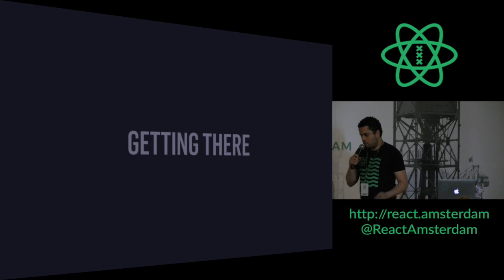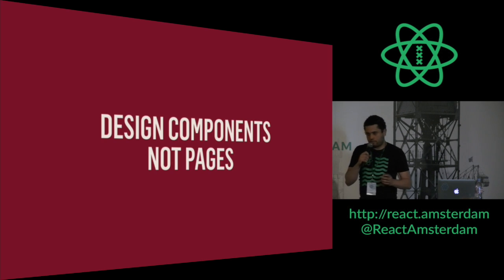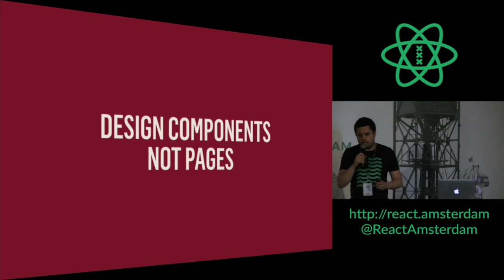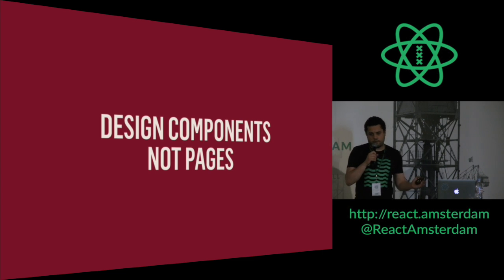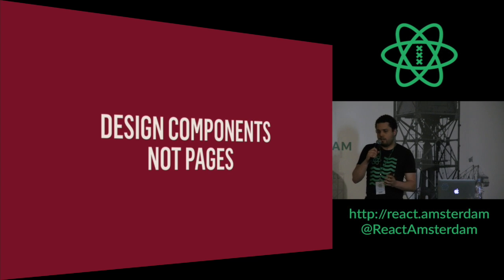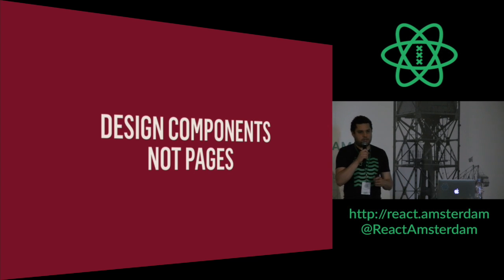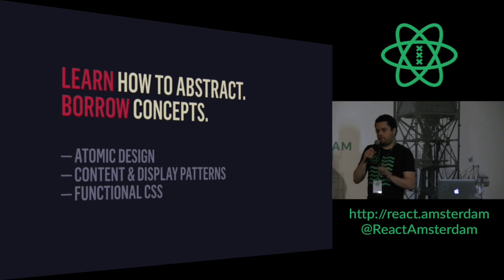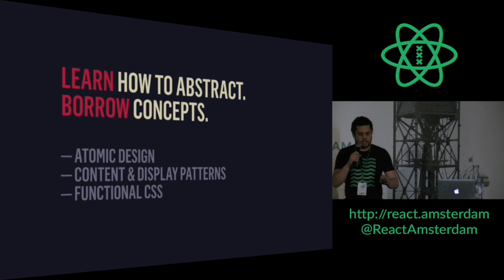And how do we get there? I think the most important principle, and kind of a shift in your mindset, is about designing components, not pages. What it means is we came from that stage where we would think about the home page, the user account page. Now we need to have a holistic view of our product, and this is why it's very important to learn how to abstract components, and we can borrow.